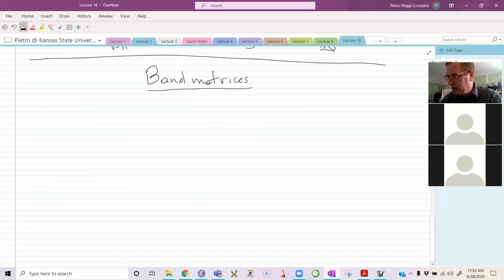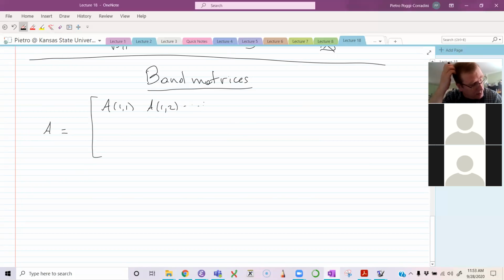All right, so what is a band matrix? Basically, it will have entries A1,2, and again, I don't quite like this notation. So let me use my notation, A1,1, A1,2.